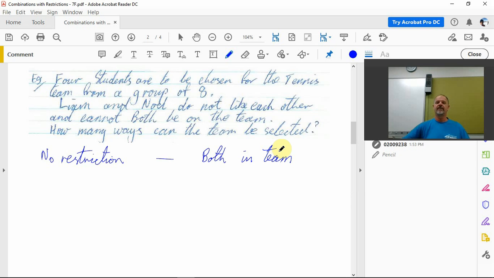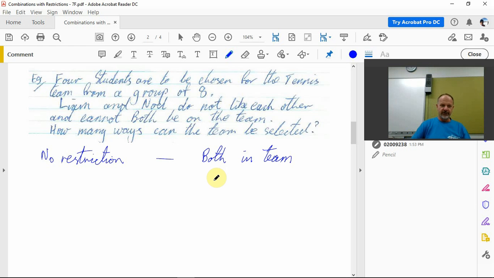Because it'd be tricky otherwise, because you could have one of them in the team, or the other one, or none of them in the team, so that's a whole bunch of stuff. So we're trying to think of ways that we can make this more simple. If we look at everything, some of those have them both, but we don't want those ones, so we take them out.